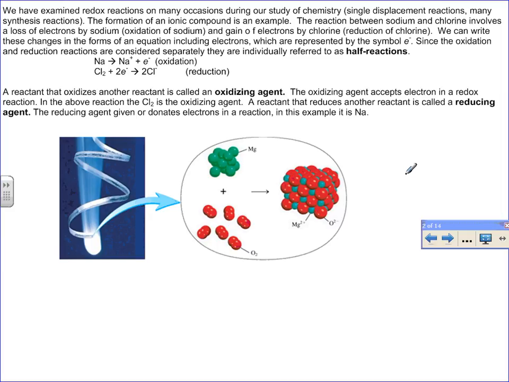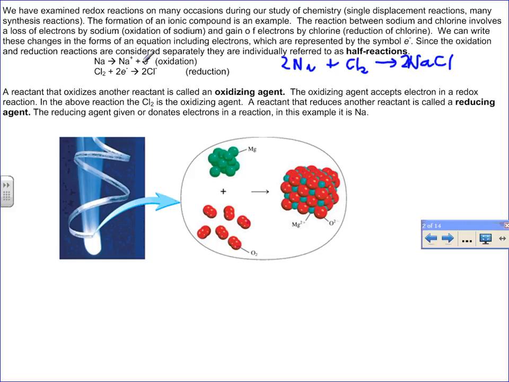So if we look at the case of sodium chloride being formed, the reaction of sodium plus chlorine to form sodium chloride, we can look at the two half reactions that are occurring here. In this case, the sodium is forming sodium ions. In the process, it has lost an electron.